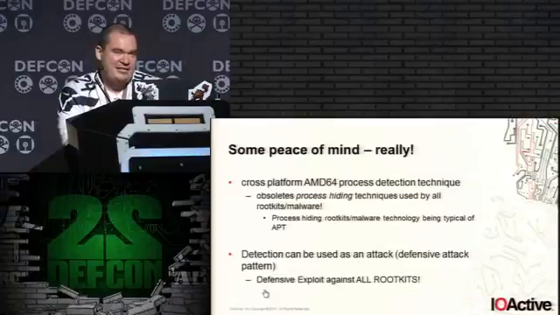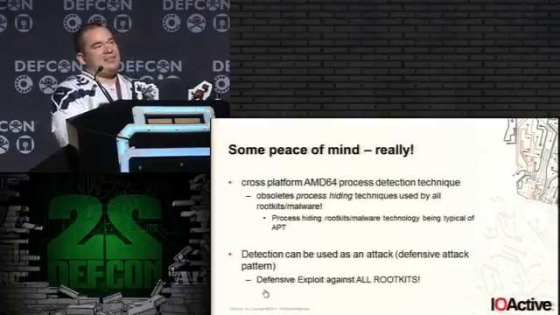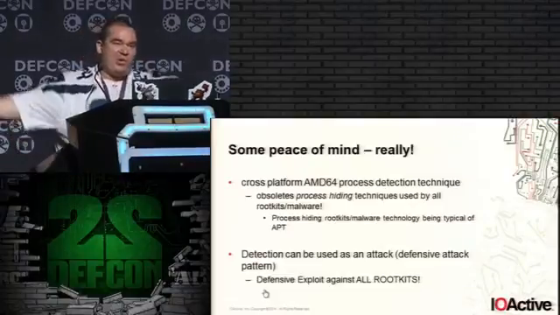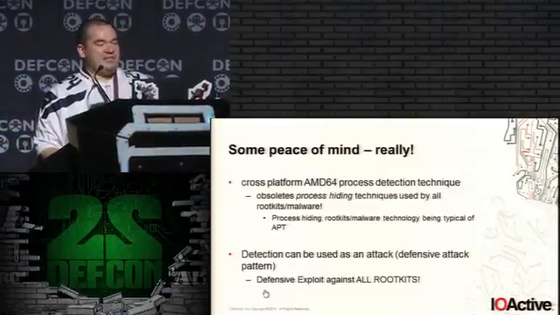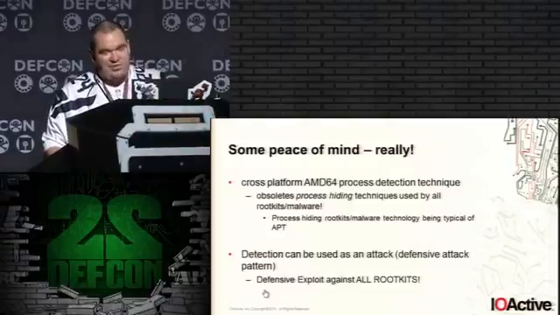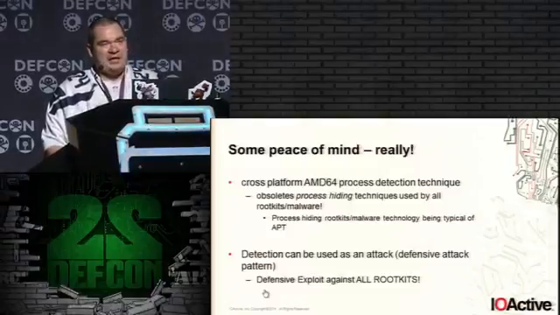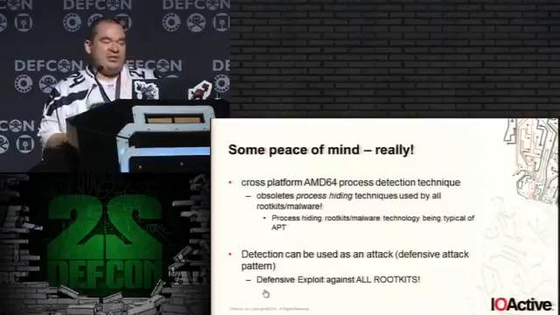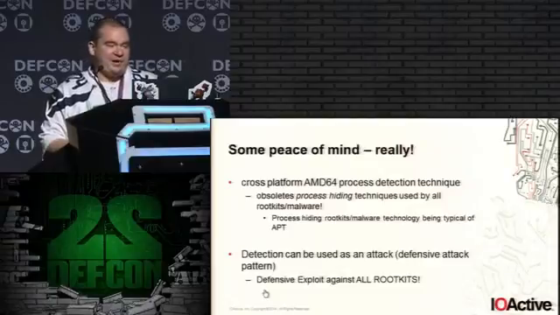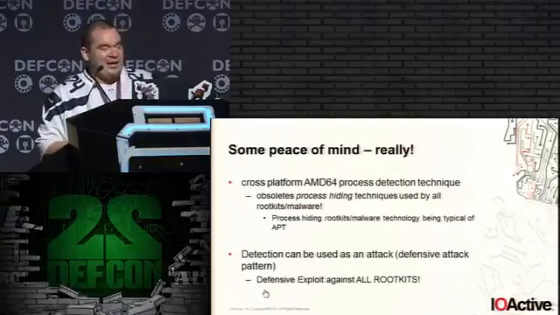Instead of doing another attack, instead of trying to show how cool my hacking is, how cool my stunts are, I'm going to give you a defensive exploit. I'm going to obsolete process hiding. Anyone that does forensics, anyone that does incident response, dealing with hidden processes, dealing with this APT threat or whatever you want to call it, it's kind of a pain.